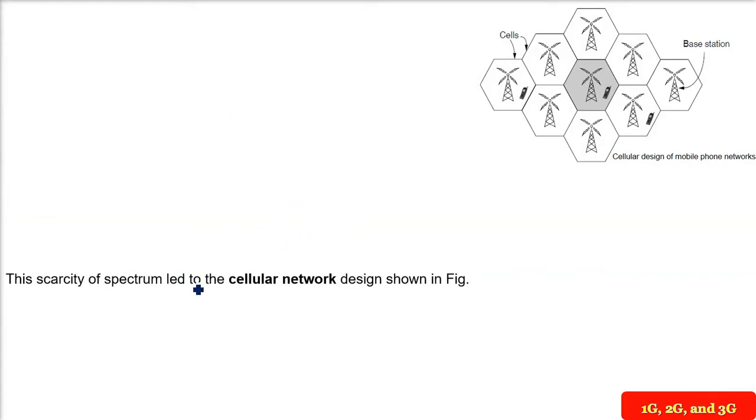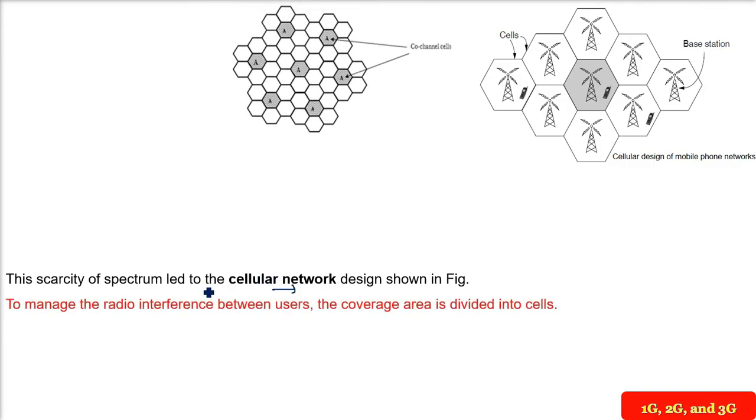So because of the scarcity of this spectrum, we have to do certain things. So then came the cellular network. This cellular network has come just because of the scarcity of spectrum. Something has to be done to reuse the frequency. Because if somebody is talking and another person is also talking on the same frequency, there will be interference, and how do we avoid that interference?